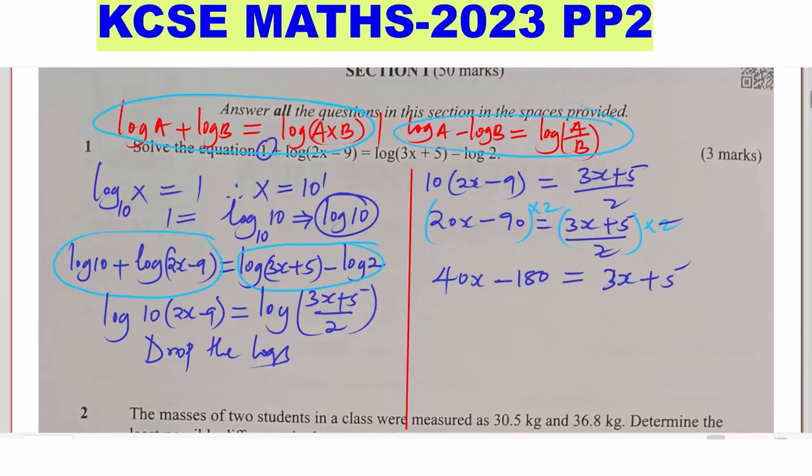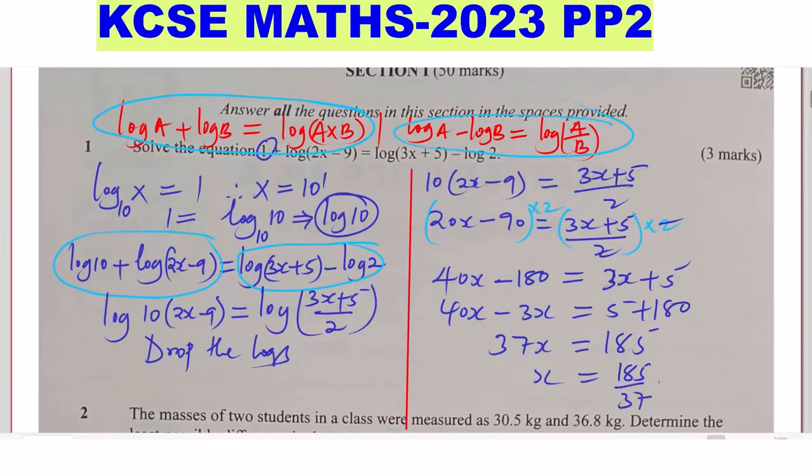So like terms together: 40x minus 3x is equal to 5 plus 180. So this will give 37x is equal to 185. x will be given by 185 divided by 37, and here x will be 5. So that is the value of x.